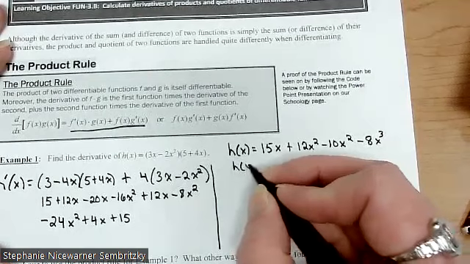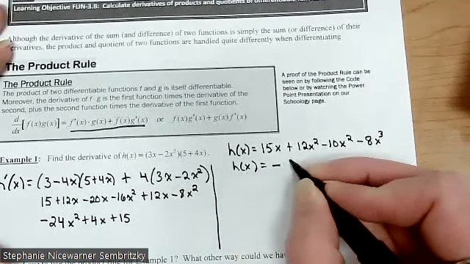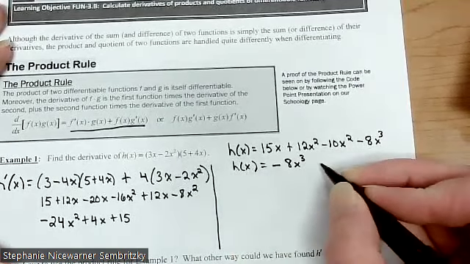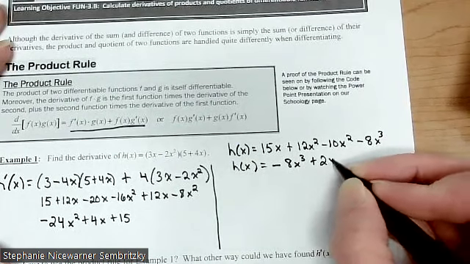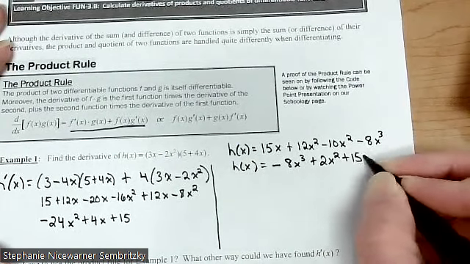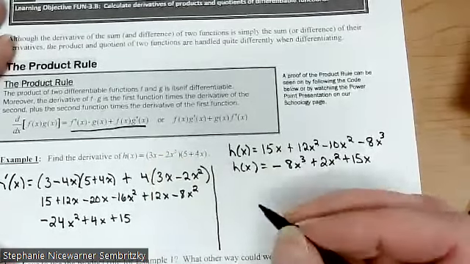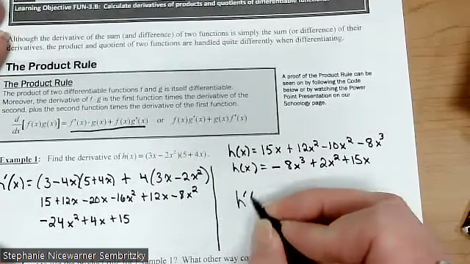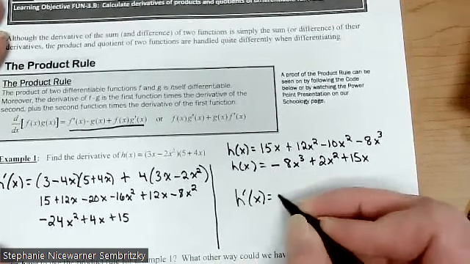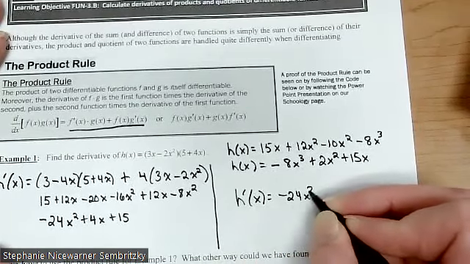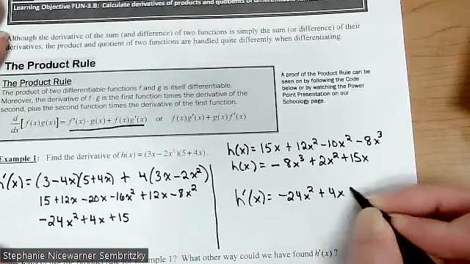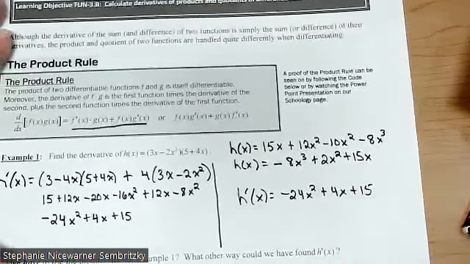So that would have been negative 8x cubed plus 2x squared plus 15x. So if I distributed it at the beginning, then all I'm using is the power rule. And that would be negative 24x squared plus 4x plus 15. So I got the same answer.